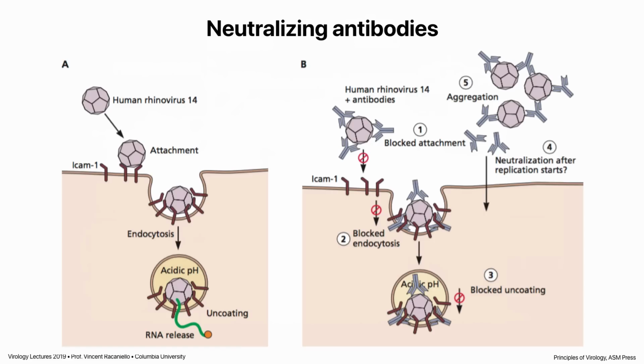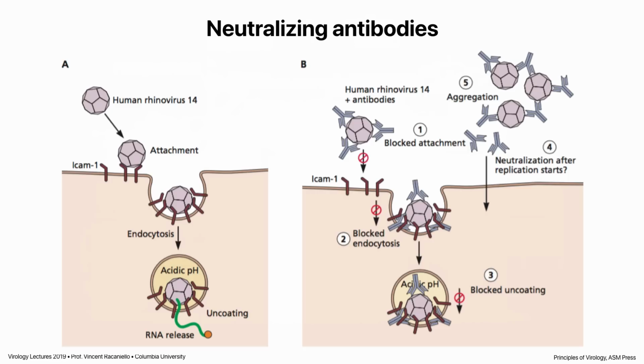So first, the antibodies might bind the virus and block attachment. They might bind to the proteins on the virus surface that are involved in attaching to cell receptors. So if they block those sites, the virus cannot attach. But that's just one mechanism of neutralization. A second one, some antibodies actually do not block attachment, but they block endocytosis.